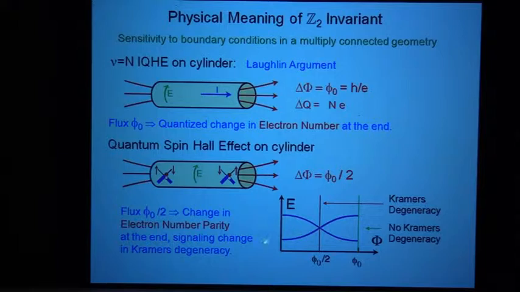I go from locally having no Kramer's degeneracy to locally having a Kramer's degeneracy. Okay, and so if I had a trivial insulator, then it would have to be insensitive to the magnetic flux, and so this couldn't happen. Okay, and so this is what happens if I have a topological insulator.